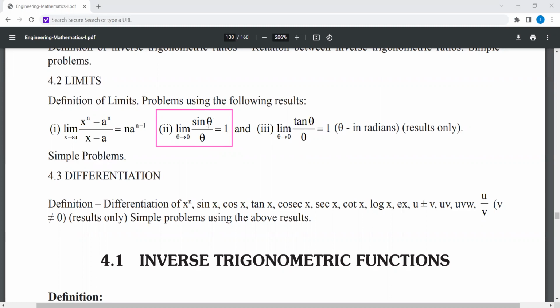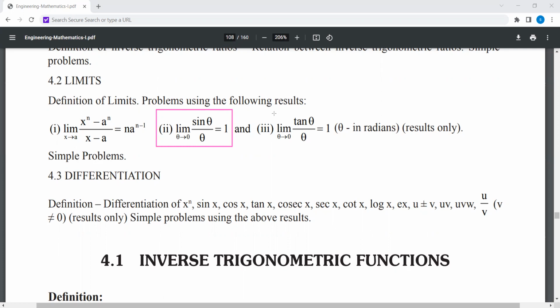If the angle is 2 theta, then 2 theta is also in the denominator, and the answer is 1. This is a trigonometric formula: limit theta tends to 0, sin theta upon theta is equal to 1.